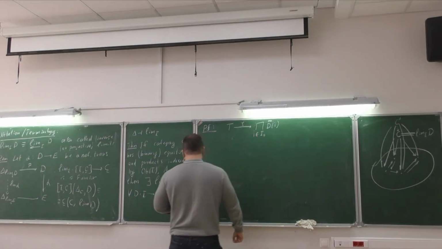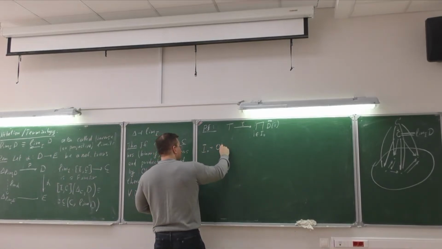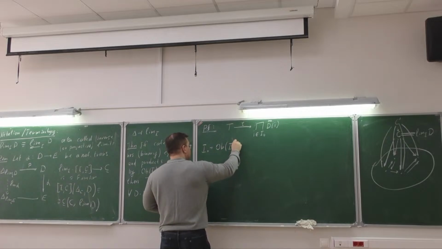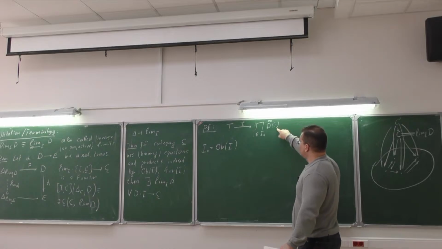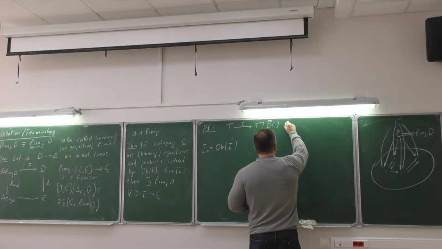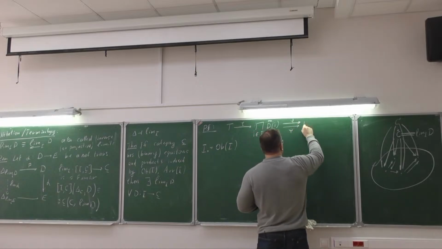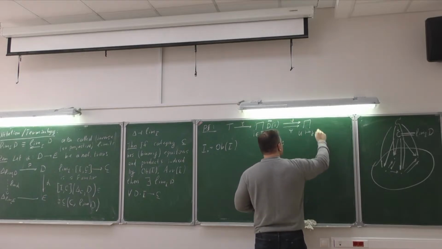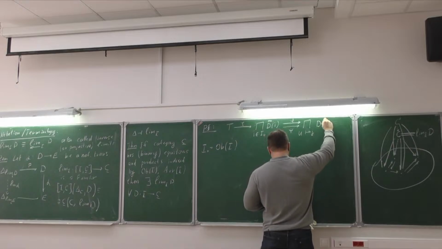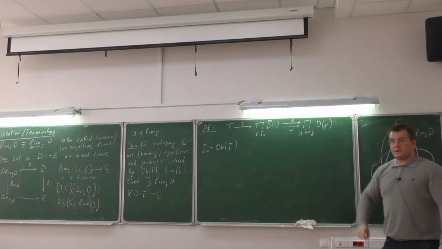For shortness, I say that I0 is by definition the set of all objects, just to have a short notation for this product. Then I consider maps phi and psi to the product over all arrows in the category I from the object little i to the object little j, and then I take d of j. So that's the diagram I want to study.